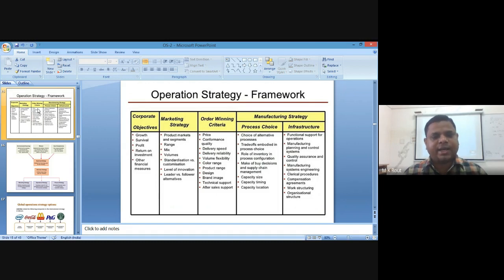But in case of marketing strategy, the product market and segment, the marketing range, marketing mix, and marketing volume are there. The next is standardization and customization, and level of innovation is very much required for marketing strategy. The next part is the leader versus follower alternative. But in case of order winning criteria, what is the strategy? Price is the most important strategy.